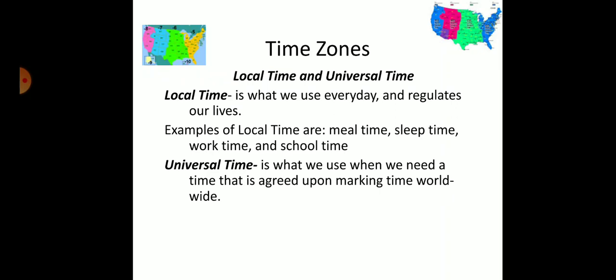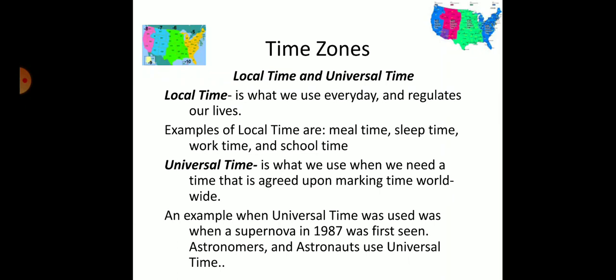And universal time is what we use when we need a time that is agreed upon worldwide, which astronauts use. An example of when universal time was used was when a supernova in 1987 was first seen.